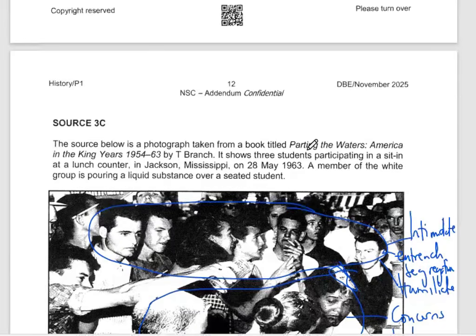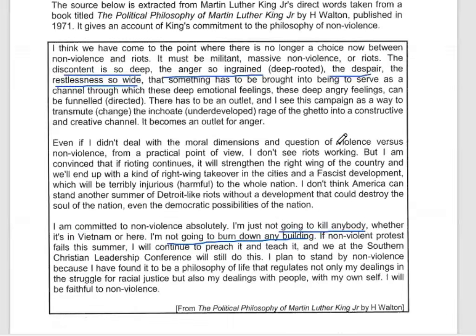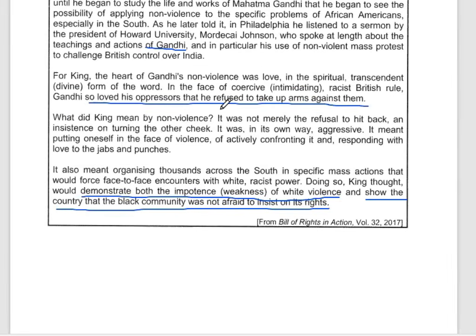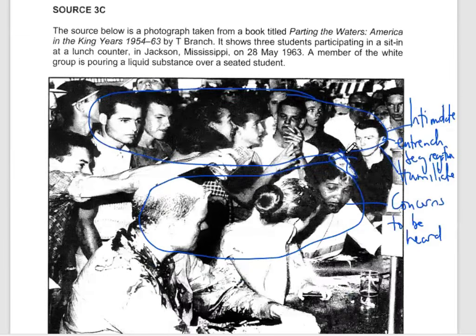And also, it talks about the coercive rule of the British. If we check where it is describing Mahatma Gandhi, it says, in the face of coercive or intimidating British rule, the British were trying to scare the Indians. But we are also seeing the same idea here. These whites are pouring a liquid here to try to intimidate these guys.